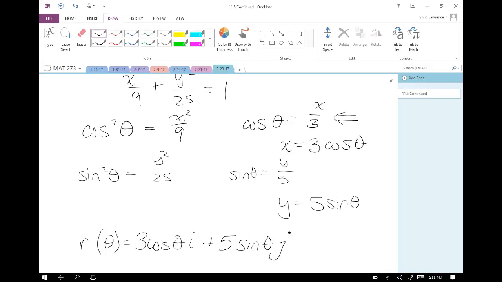So again, the trig has to be done a little bit differently. You've got to use the identities to help you along. If it's algebraic, just let x equal t and then replace it.